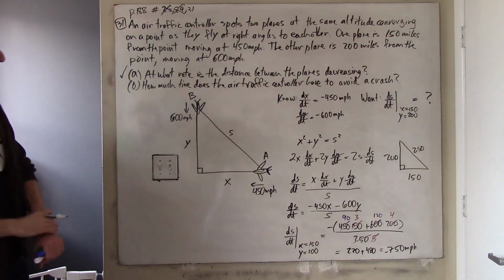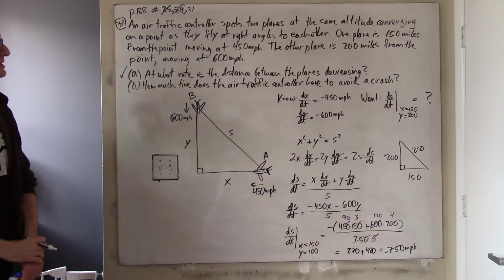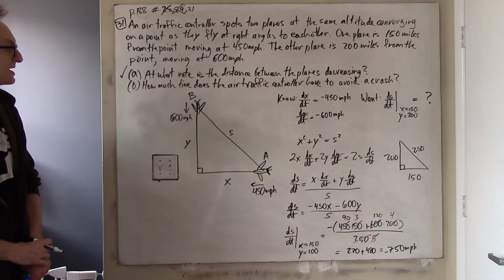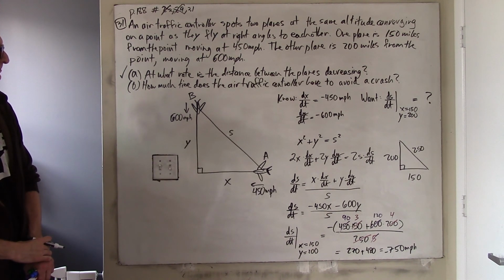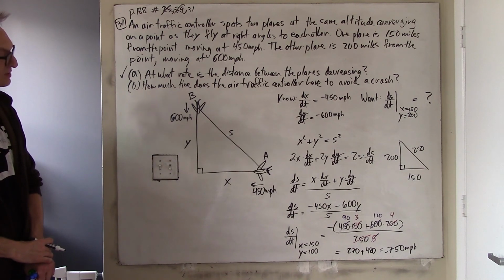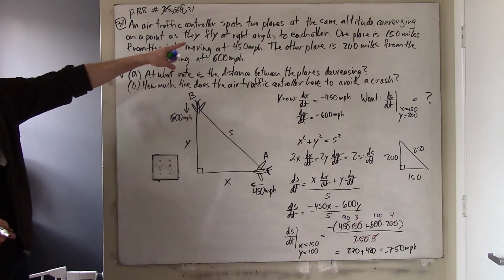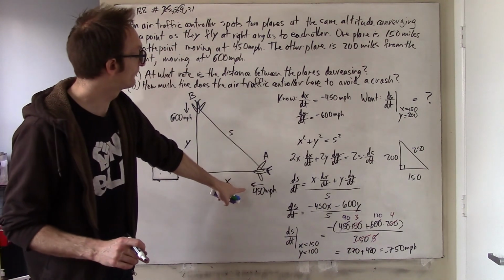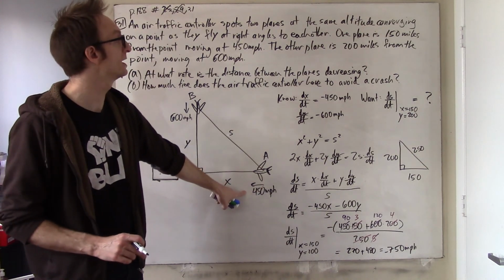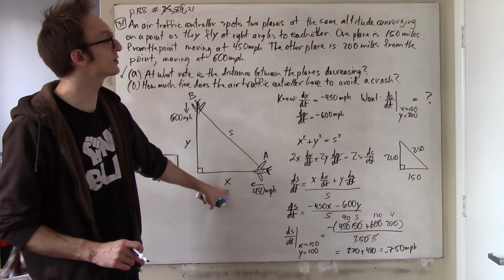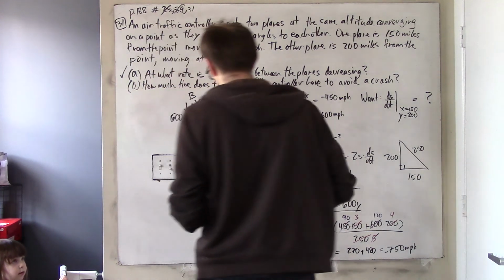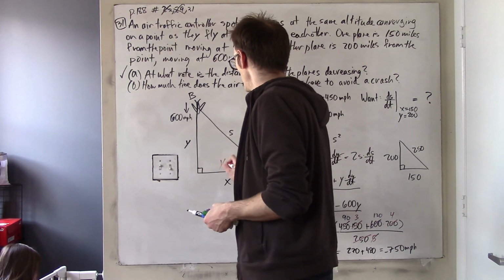Now comes the cute little follow-up problem, which is how much time do we have until this happens? How do I do this? Oh, I know how to do this. This plane is traveling at 450 miles per hour, and it's 150 miles away, so it's going to take a third of an hour to get here.